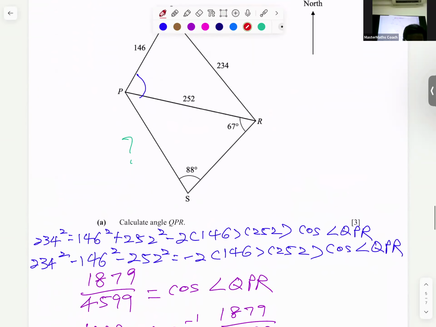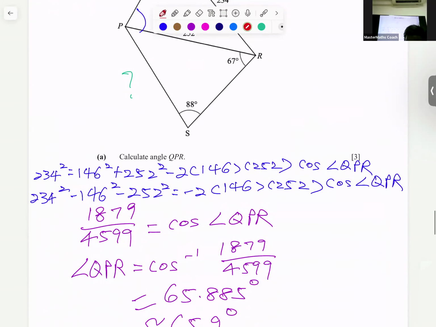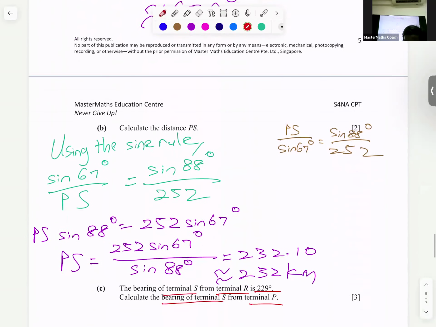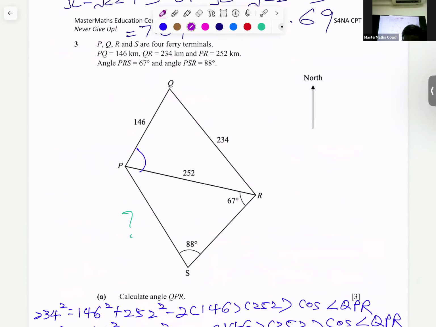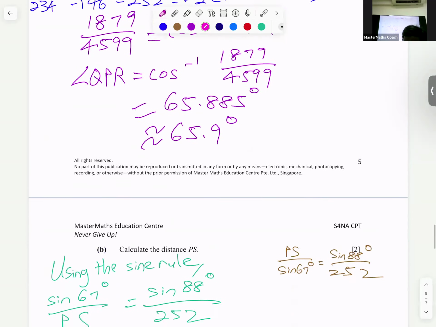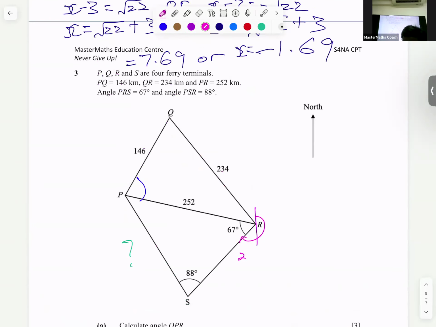Okay, so you must ask yourself first, what is it that the question wants to find out? Terminal bearing of S from R. So from R means you go and put the compass at R, and this will be 229 degrees.